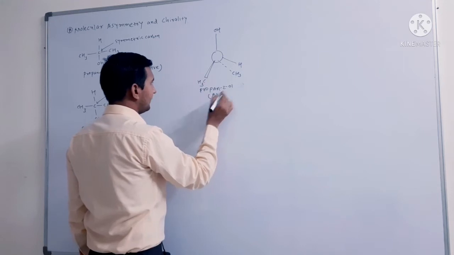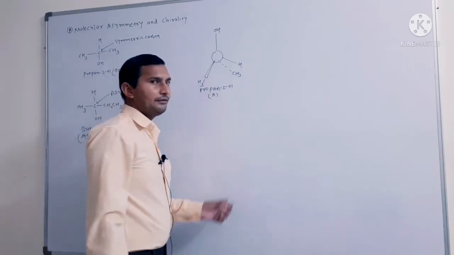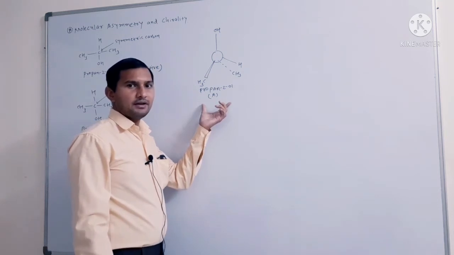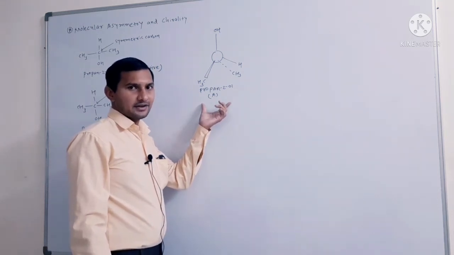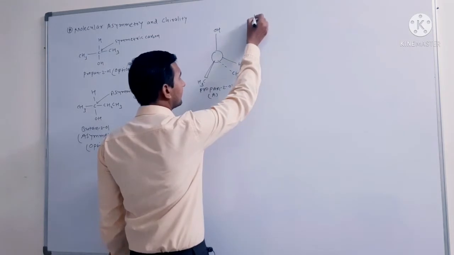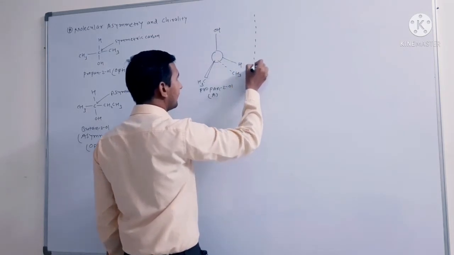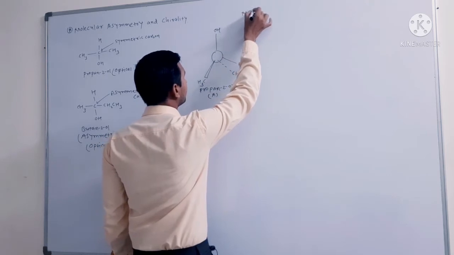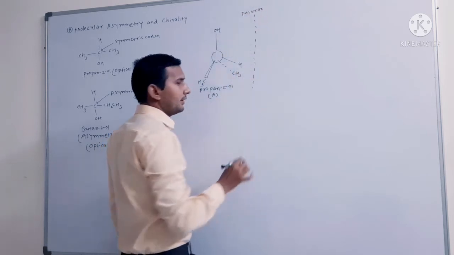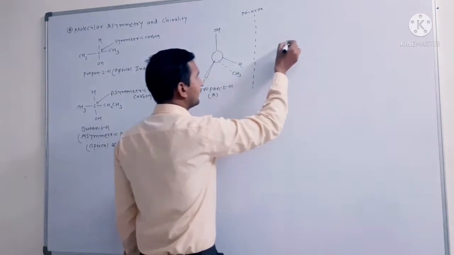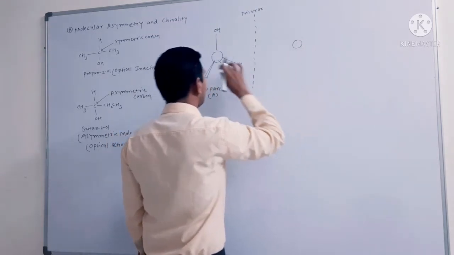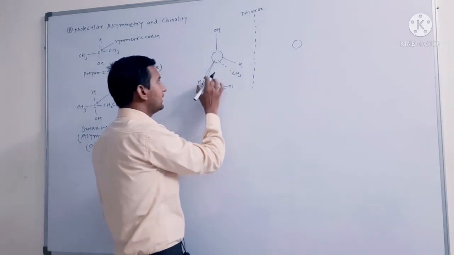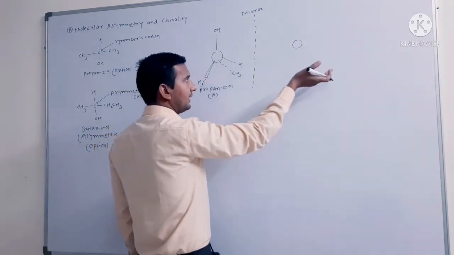We can call it structure A. If we take the mirror image of this propan-2-ol, structure A, we get the second structure. The mirror image is obtained like this. This is the central carbon. These two shift towards the left-hand side, and this one goes to the right-hand side.